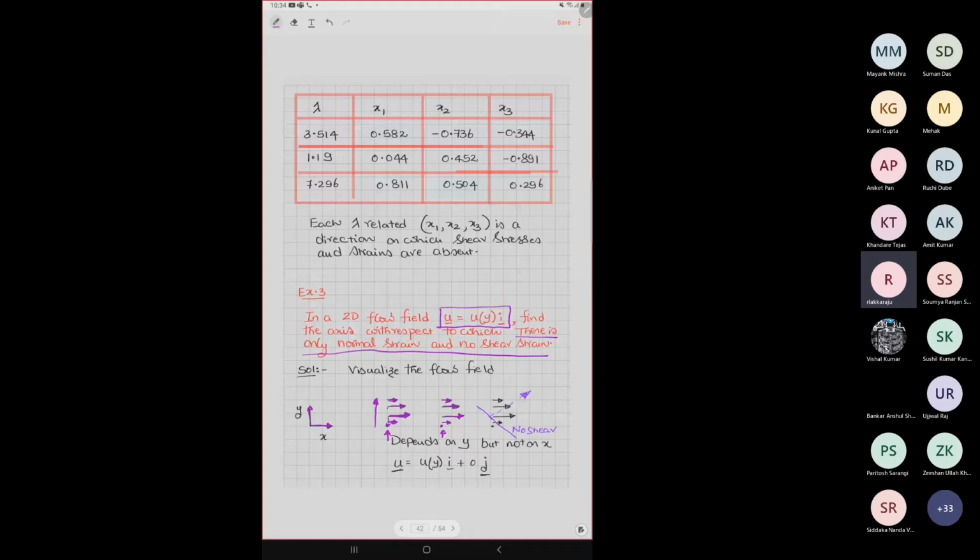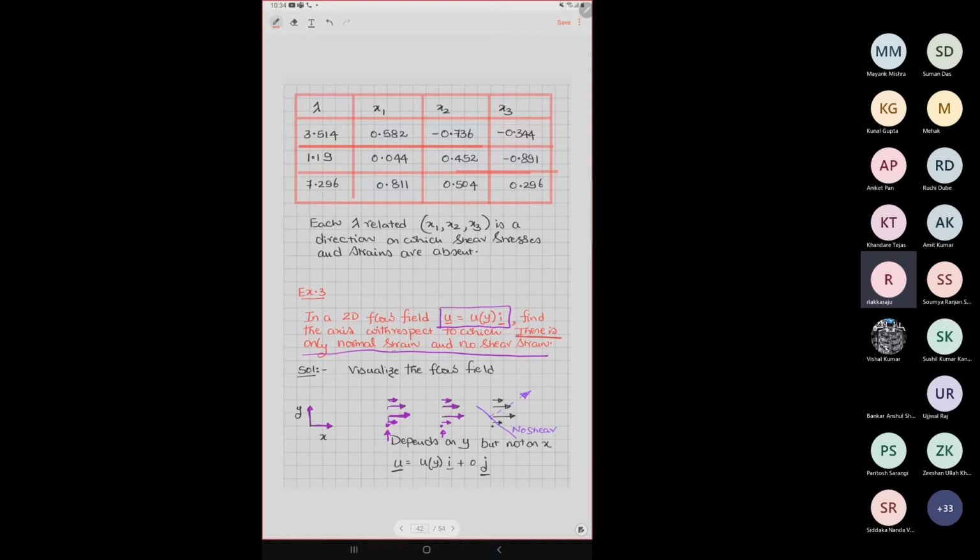Now, is there a particular direction? If something like a tree is placed there, because of this wind it will start experiencing shear. But is there a particular direction where I won't see shear, but only normal strains?